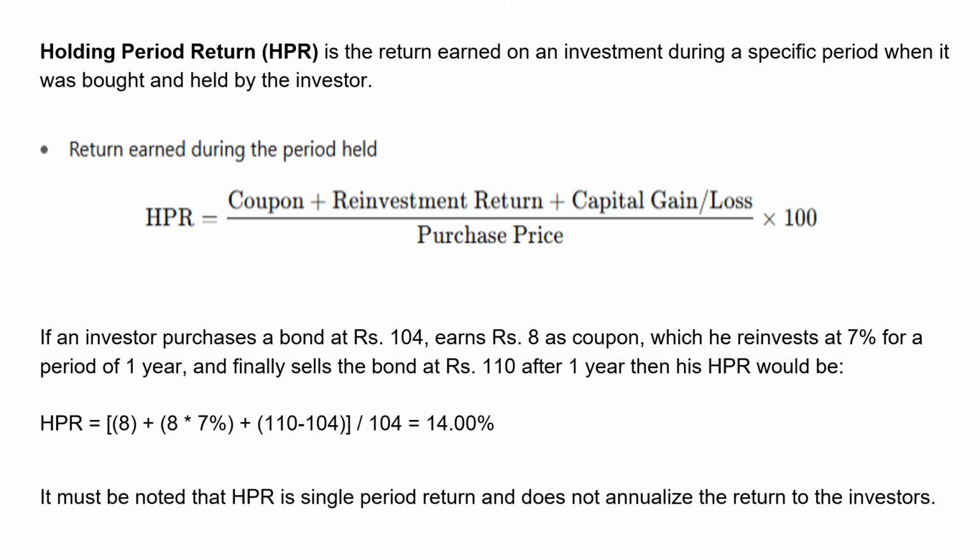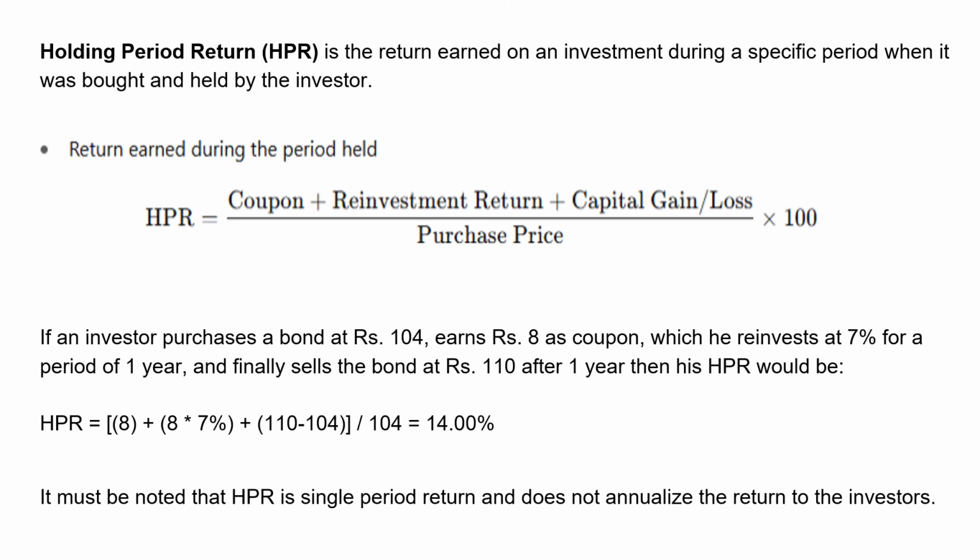It's a scenario wherein you have reinvested your interest. So to find out HPR, what you need to do is coupon plus reinvestment return plus capital gains or loss, divided by purchase price, into 100. So in HPR I have put in 8 rupees, that is the coupon amount. I have put in the reinvestment return, that is 8 into 7%, because that is the amount that I'm going to get when I'm reinvesting, right?